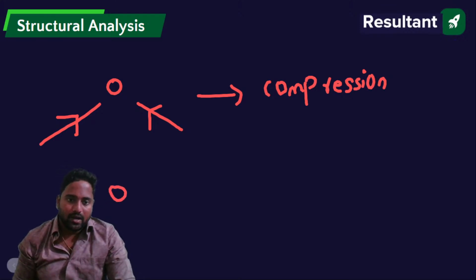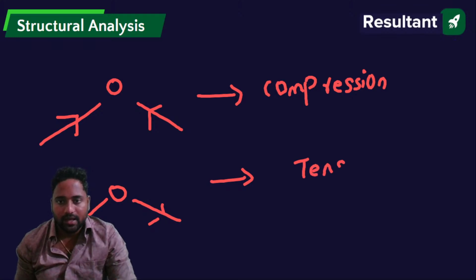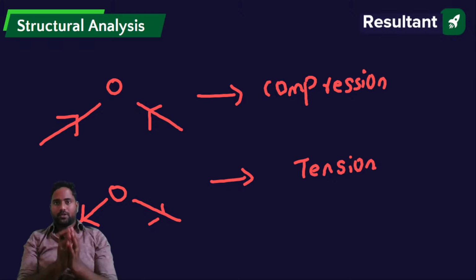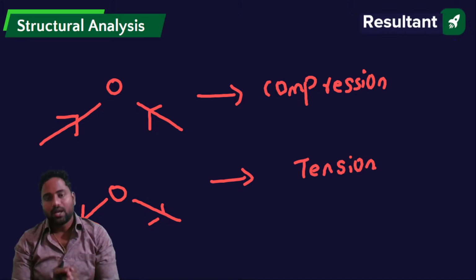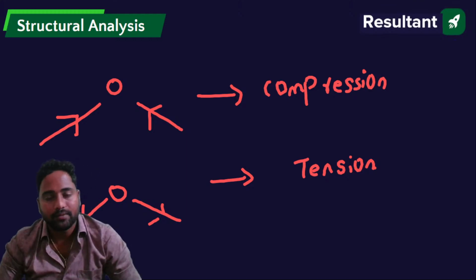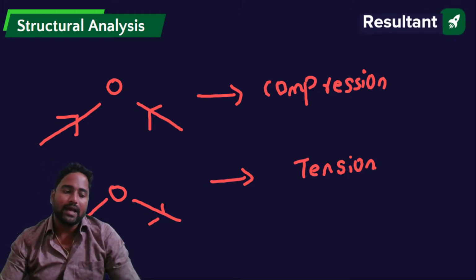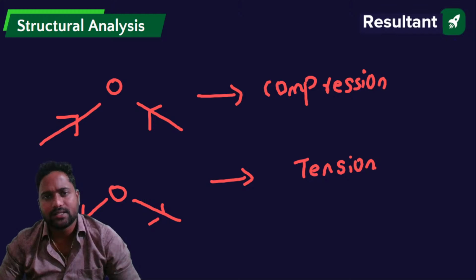And if force is acting away from the joint, then it is taken as tension. Am I clear? Force acting towards the joint, compression. Force acting away from the joint, tension.